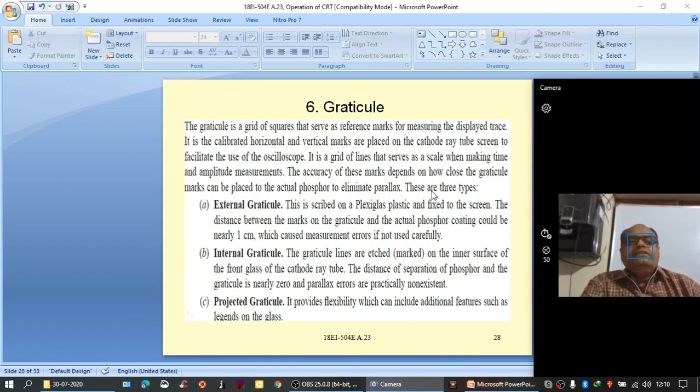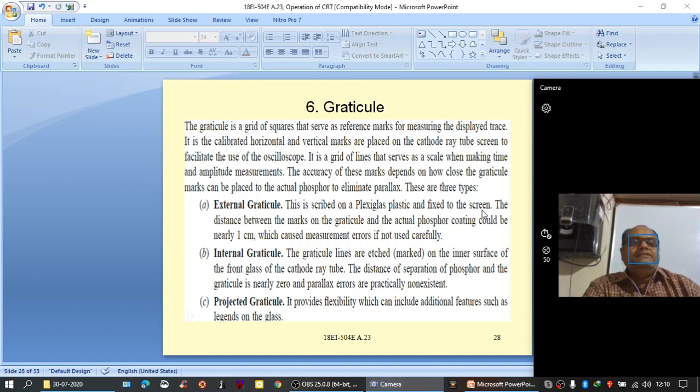Three types of graticules are there. One is the external graticule, the internal graticule, and the projected graticule. In the case of the external graticule, the lines are scribed on a plexiglass plastic sheet and the sheet is fixed to the screen.